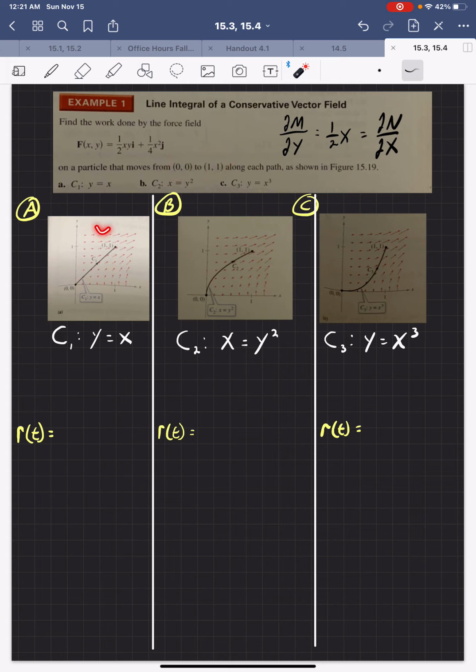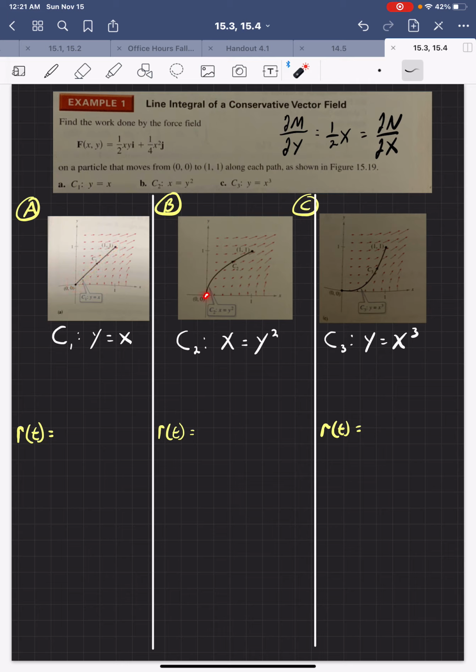So notice that in our graphs here, this is all the same force field. Look at the little red arrows. See, there's the same forces acting. But notice that the path of that particle is going to vary, right? So in part A, the particle moves on a direct linear path from (0, 0) to (1, 1).